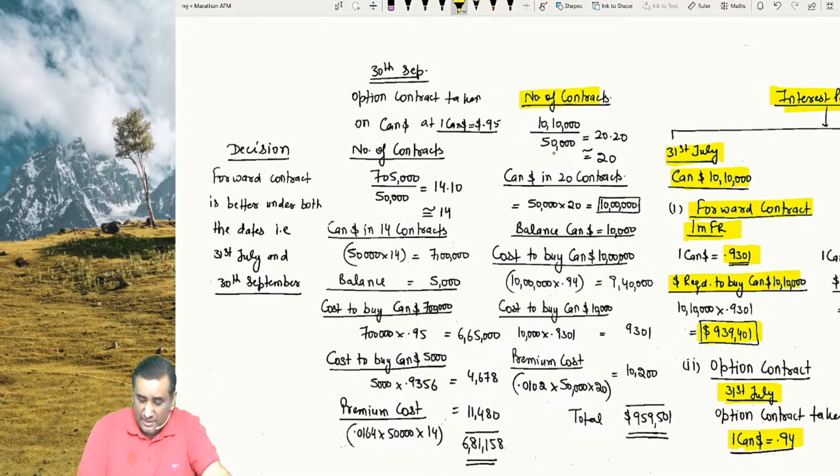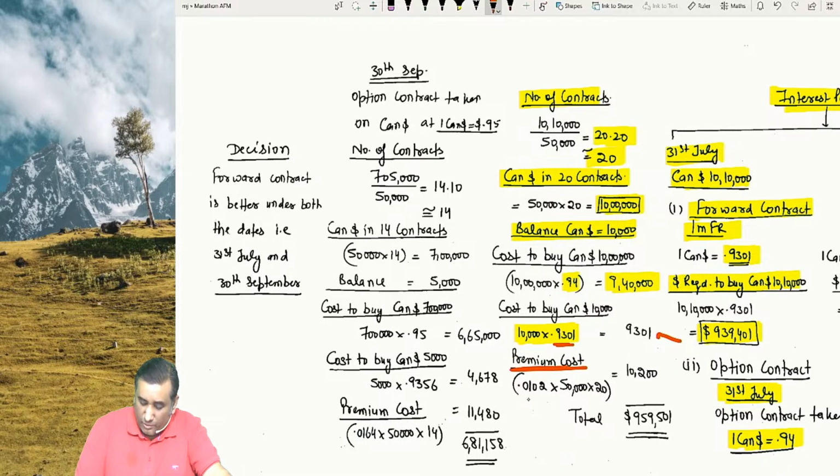Number of contracts: 10 lakh 10,000 by 50,000 is 20.2, round off to 20. Canadian dollars in 20 contracts would be 10 lakh. The balance Canadian dollars you will buy from the forward. 10 lakh into 0.94 is 9 lakh 40,000. 10,000 into 0.9301, that's the forward contract, gives 9301.